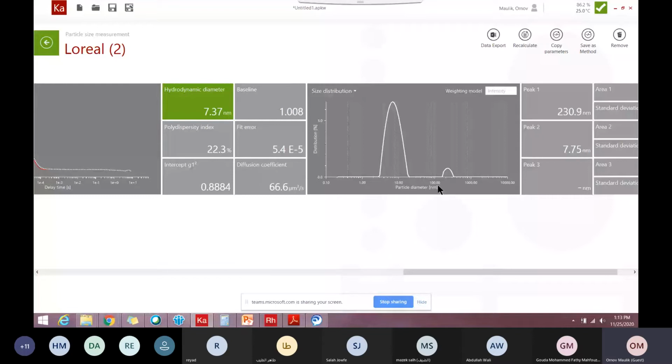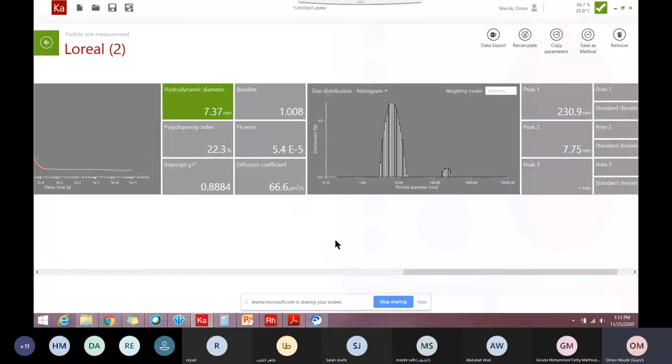So you can see this dust particle contribution making this bigger peak. The size distribution you get is basically intensity based, and you can convert it into number as well as volume. And also you will get an undersize as well as the size distribution histogram.